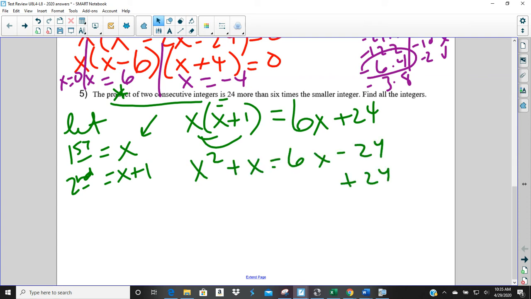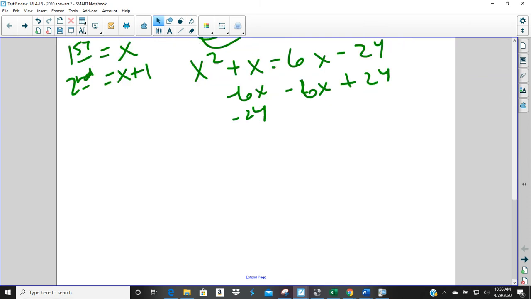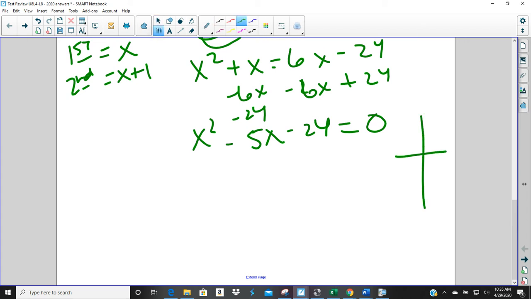Let's get everything over to one side because we have to get it into standard form. I'm left with x squared minus 5x minus 24 equals 0. Okay, so now I'm going to make my table.